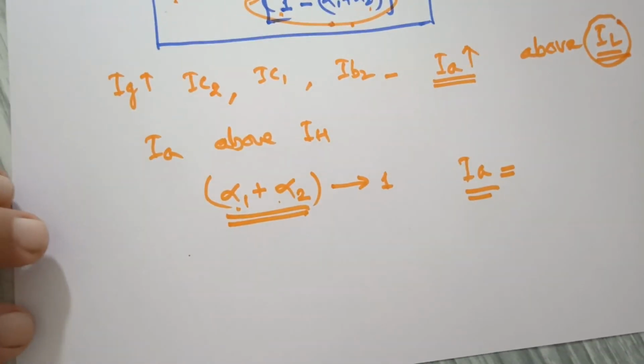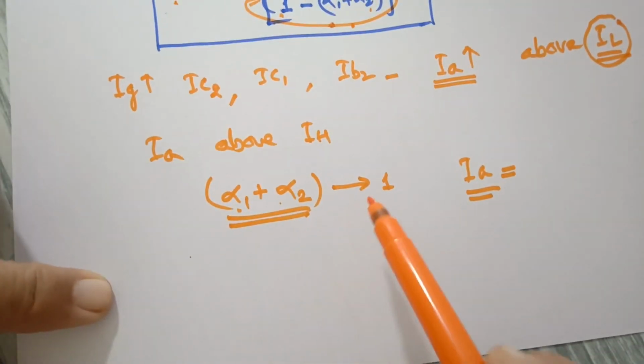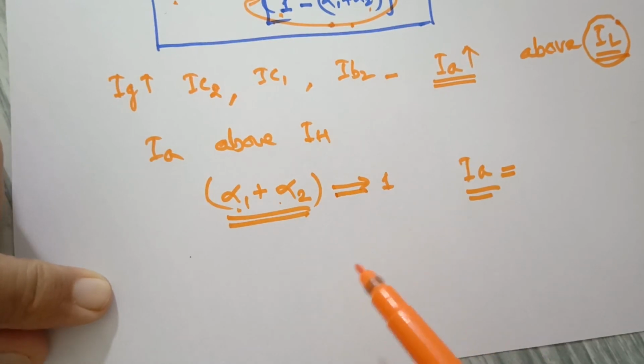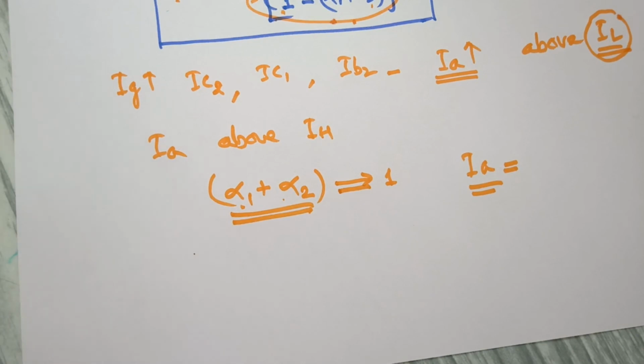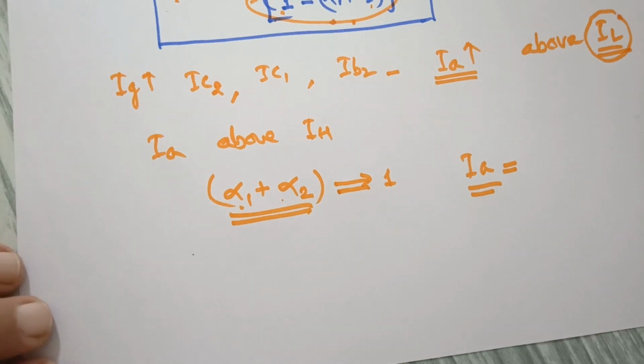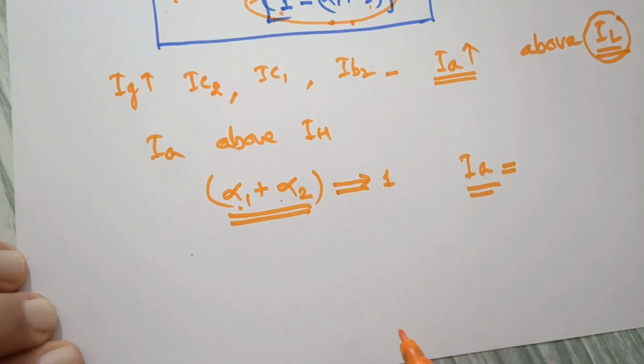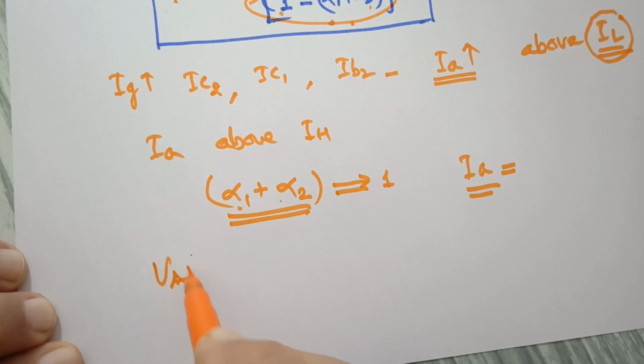So this alpha 1 plus alpha 2 can be made equal to 1 by different techniques. What are the techniques? By increasing the temperature of the junction of SCR, or by applying a very large anode to cathode voltage, right?